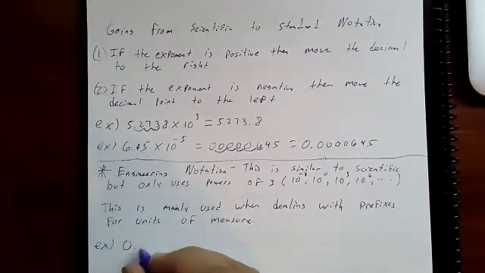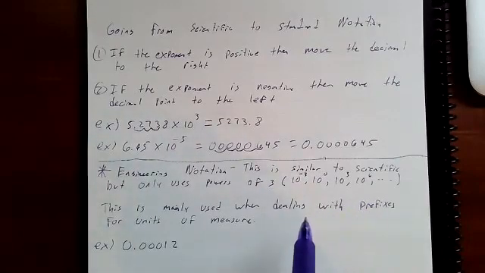So 0.0012. The goal is not to make the m less than 10 anymore. The goal is to pick the smallest number with a power of 3.